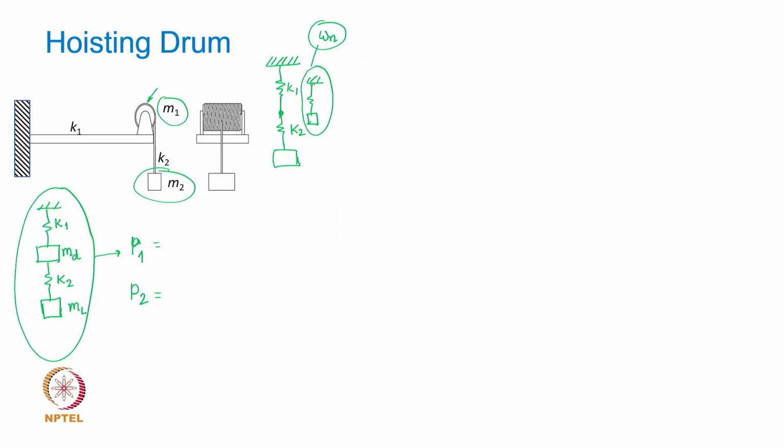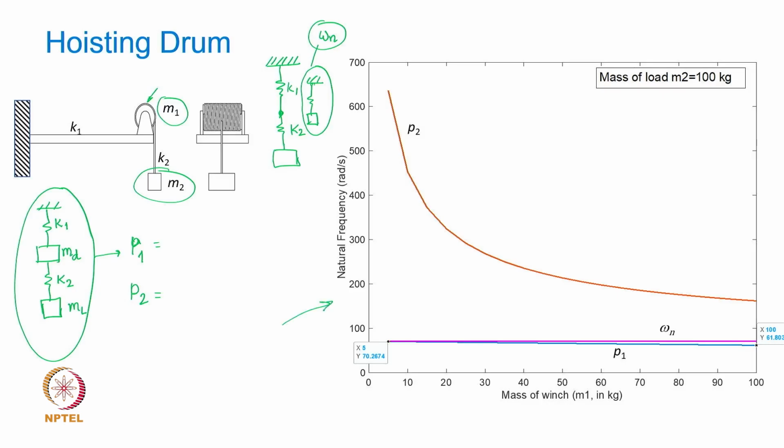So now we have plotted these natural frequencies for different ratios of this drum mass and the mass of the load being lifted.